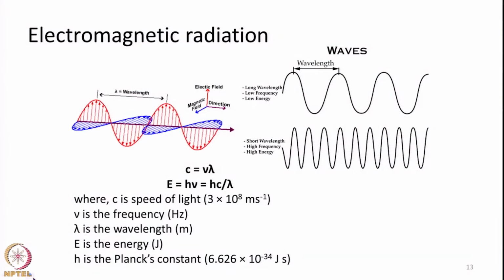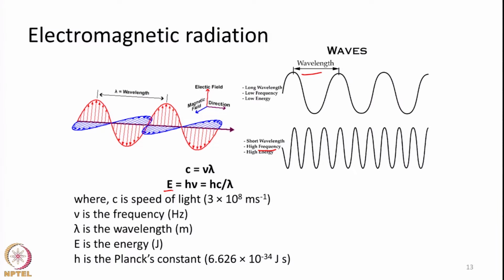So, when we consider that as a wave, we can associate certain properties with that particular wave. Some of the properties are, first, wavelength, then frequency, then the energy associated with the wave. So, what exactly is a wavelength?